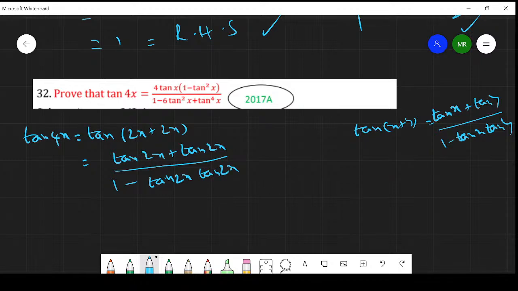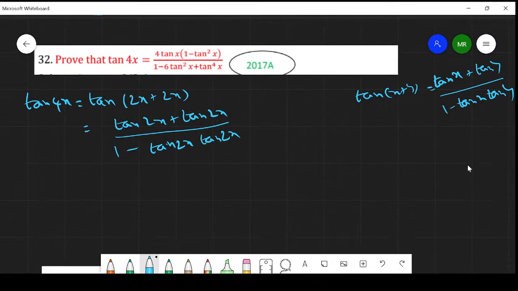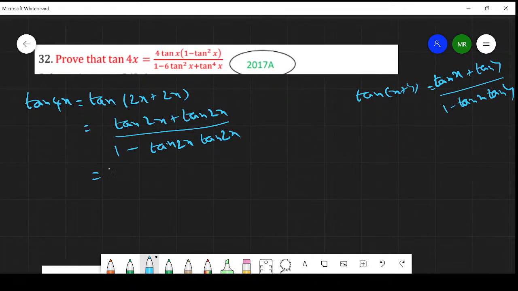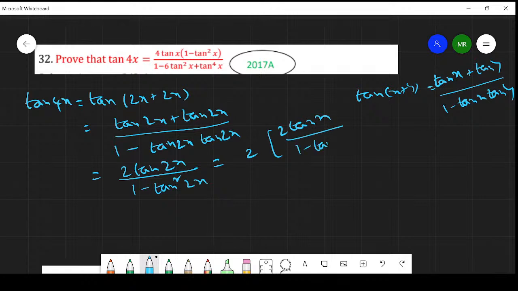Now this becomes 2 tan 2x by 1 minus tan square 2x. But again, we know what tan 2x is: 2 tan x by 1 minus tan square x. Sir, how do you get this one?